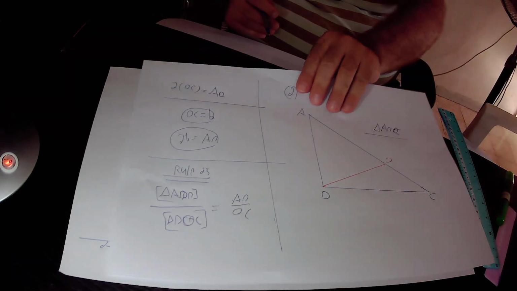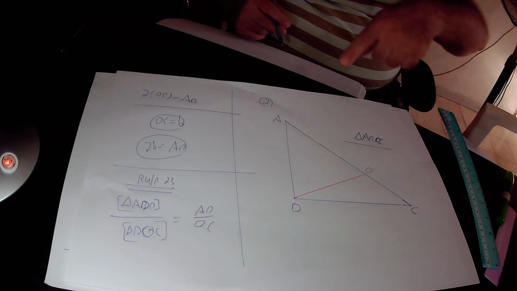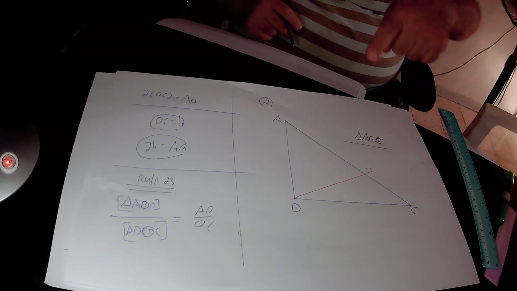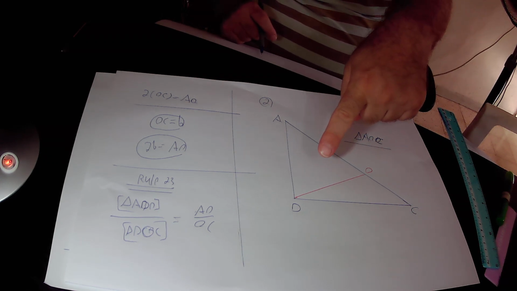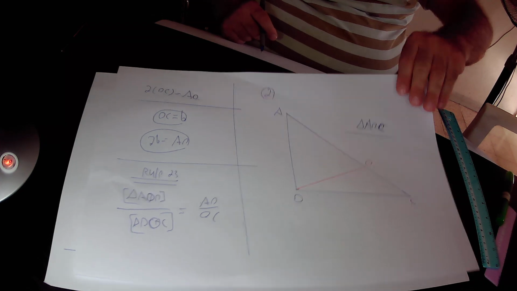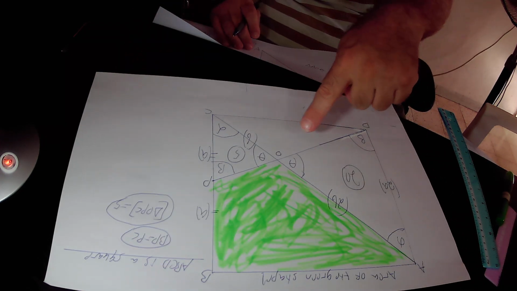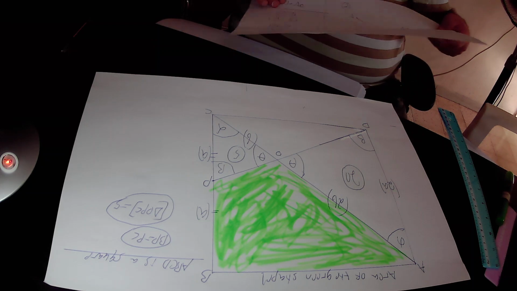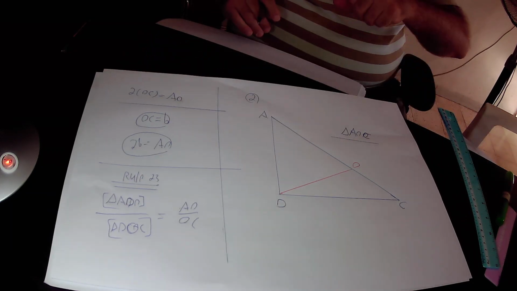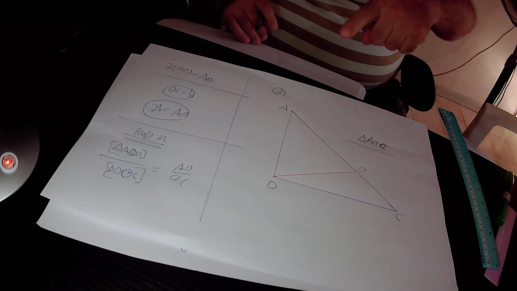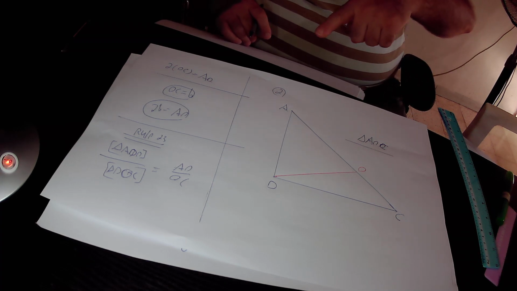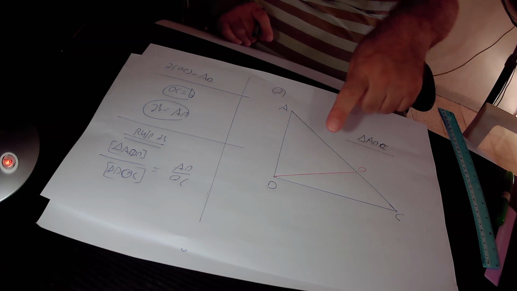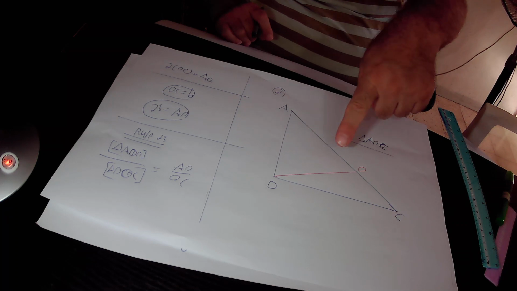So this is the big right triangle ADC that is coming from the original drawing, and this is the red line DO that is coming from here. From point D, we draw a perpendicular on AC.